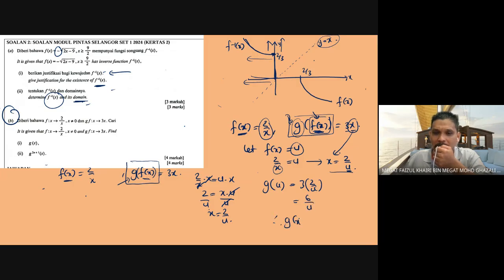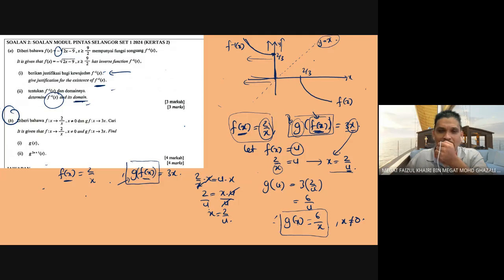So then g(x) equals 6 over x, replacing u back with x, where x cannot be equal to 0. Okay, to check whether your g(x) is correct or not, this is your g(x) and this is your f(x).